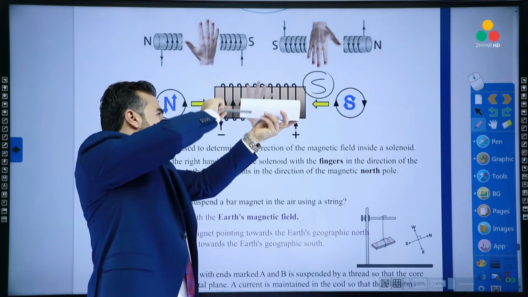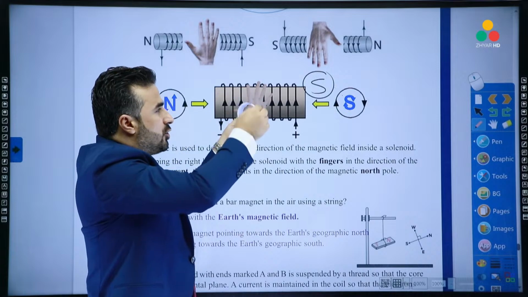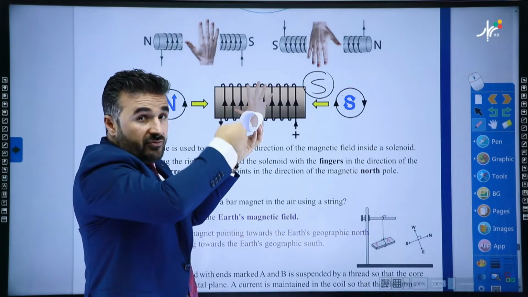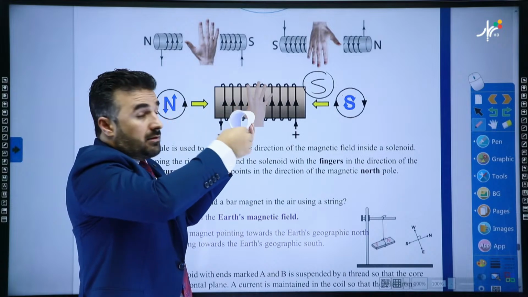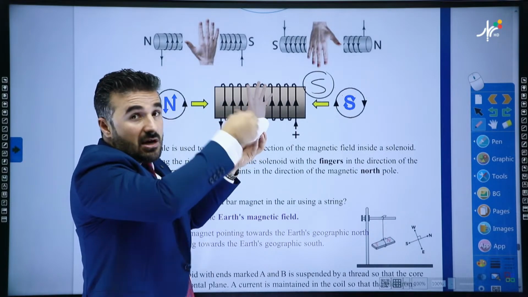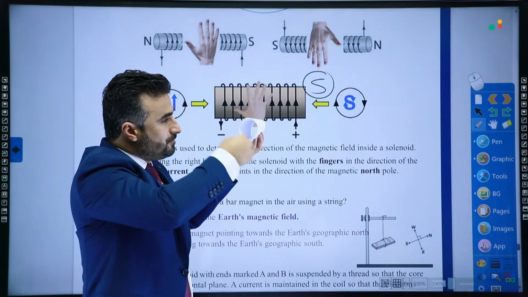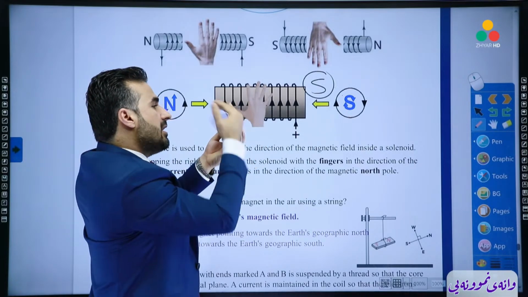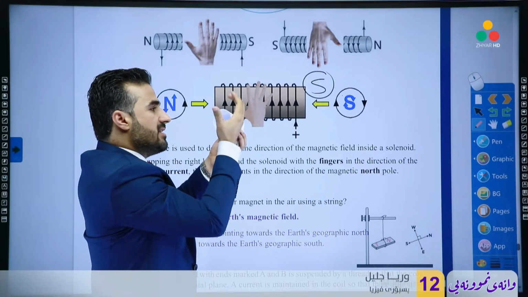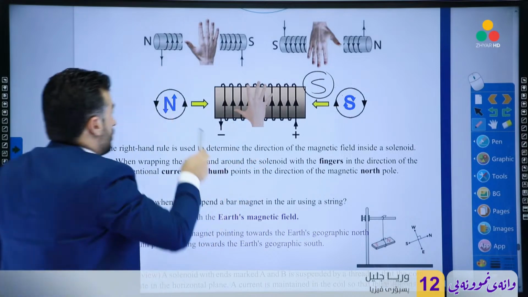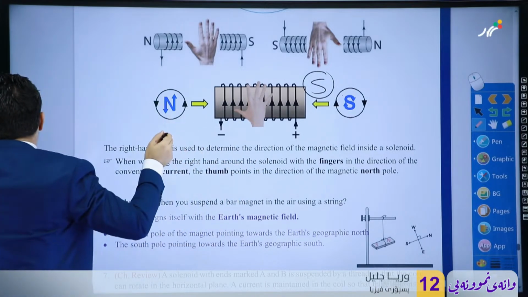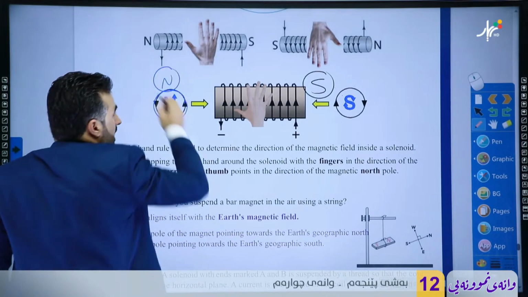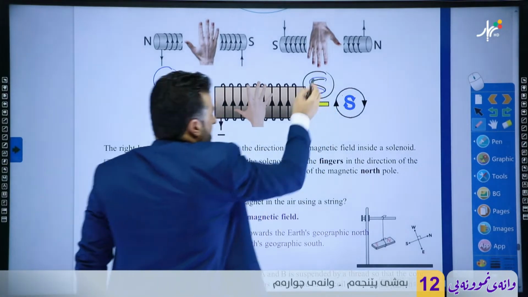So if I turn this, you will see that the direction of the current flow is counterclockwise, my bad, opposite to the clock. Remember, if you align your hand like this, counterclockwise, you will see that this end is basically north. So when the direction of the current is counterclockwise, it becomes the north pole. And if it is clockwise, it becomes the south pole.